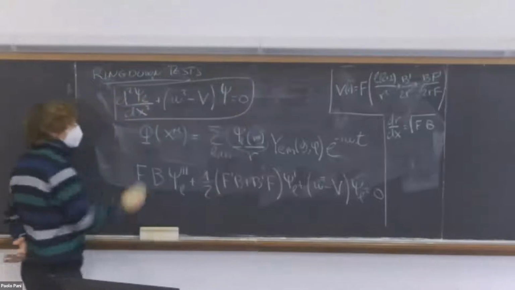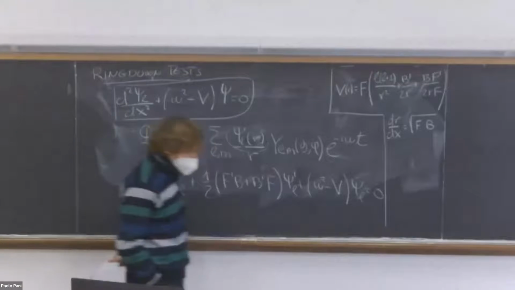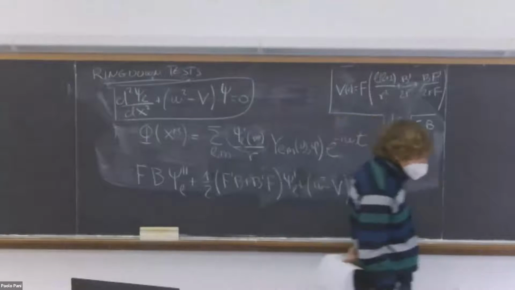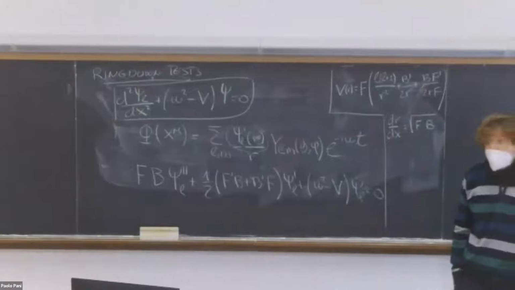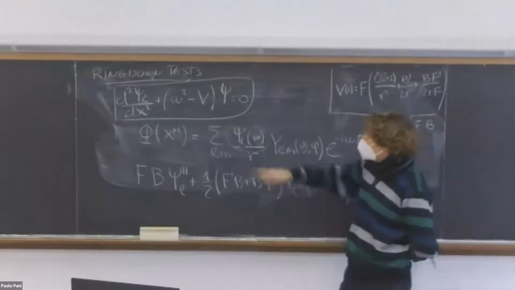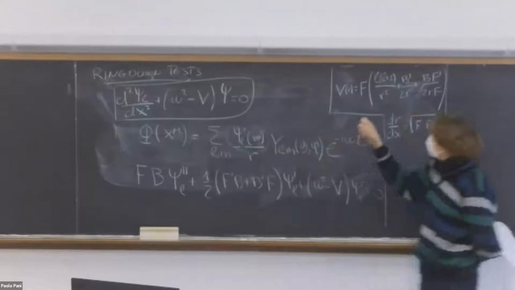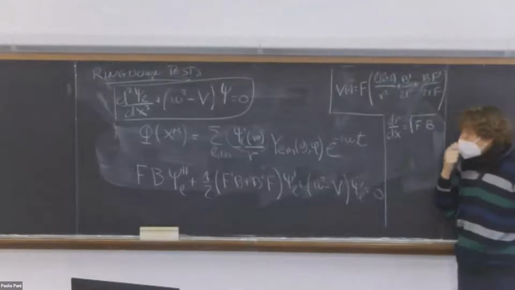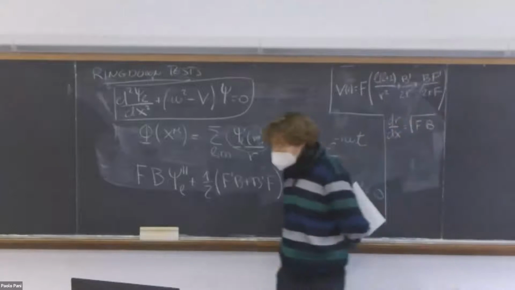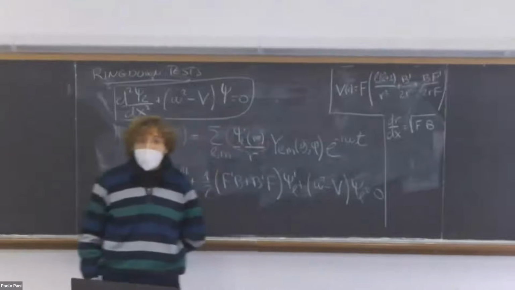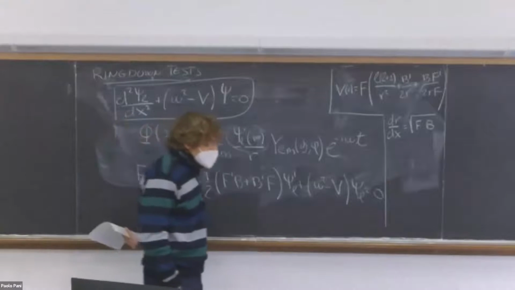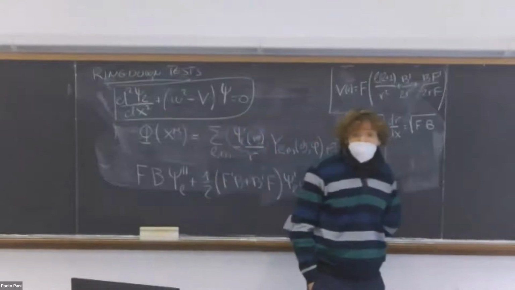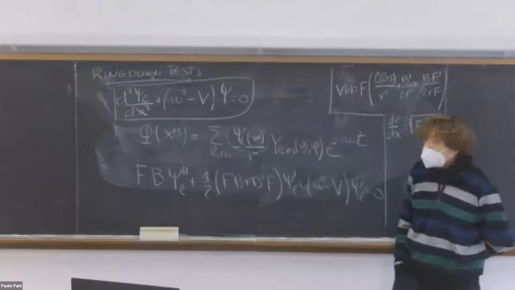So one finds this equation that is essentially the time-independent Schrödinger equation for a given potential that depends on the metric coefficients in this form. And this is true for any spherically symmetric metric that one can think of. And in fact, it is true even in GR for gravitational perturbations.